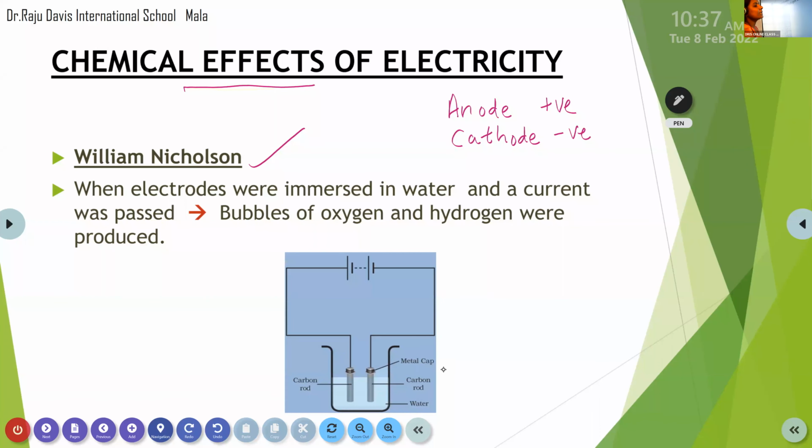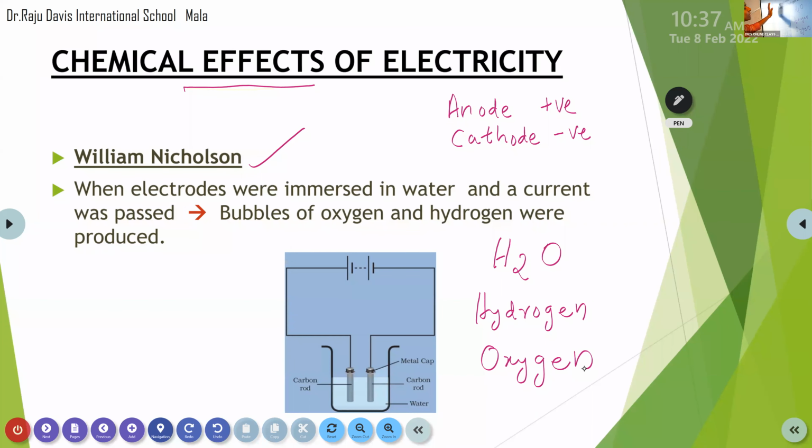H2O. So which are the two components in this water? Two elements: hydrogen and oxygen. Okay, hydrogen and oxygen.